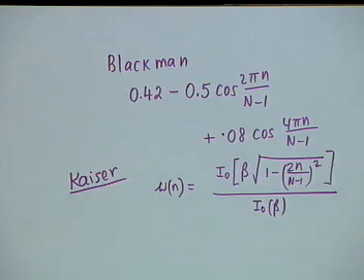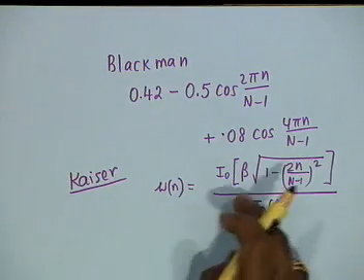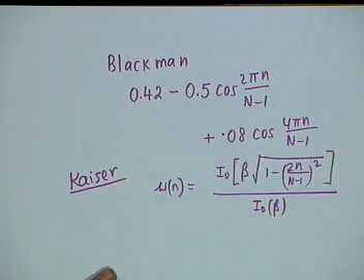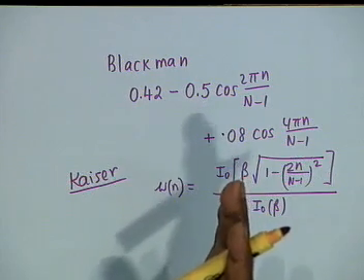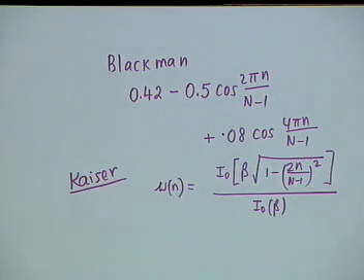Once these are tabulated, then you see the Bessel function can be calculated in terms of an infinite series, and you see the complication of the computation. Usually the infinite series can be truncated at 20 or so terms. The error is negligible, but even calculating 20 terms is a problem.